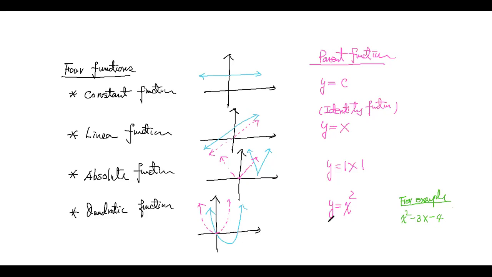We're going to do that in the next video. We'll start with a parent function and ask what type of transformation I need in order to graph this function instead of just choosing points. That's the whole purpose of this video. We're going to introduce the parent functions for these 4 very commonly used functions in Algebra 2.